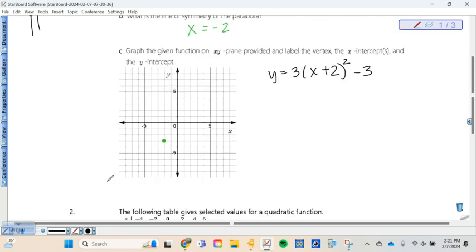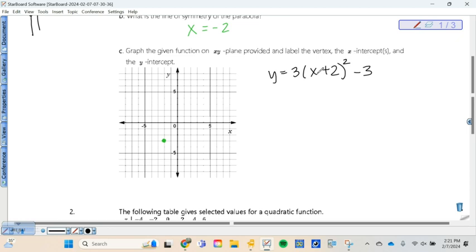Can I see my x-intercepts from this form? No. Can I see my y-intercept from this form? No. We need to convert it to a different form to get those two pieces of information.